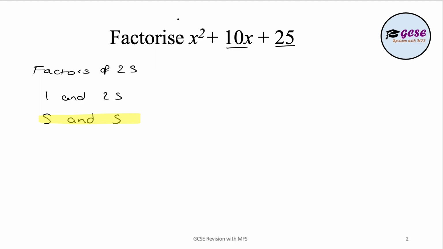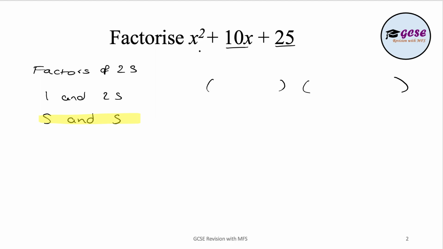Okay, and when we're factorizing, it's the opposite of expanding. If you've looked at expanding brackets, we take 2 pairs of brackets and multiply everything inside one pair by everything inside the other pair. When we're factorizing, we're taking this expression and splitting it up into its brackets, in other words a pair of brackets like this.